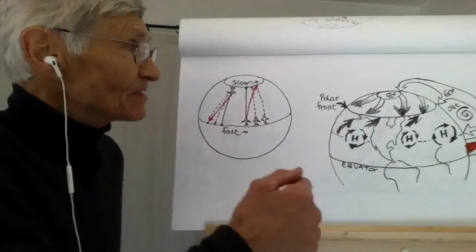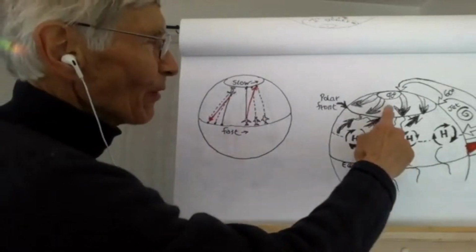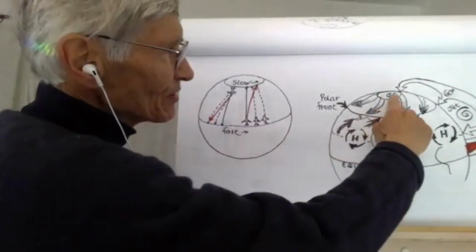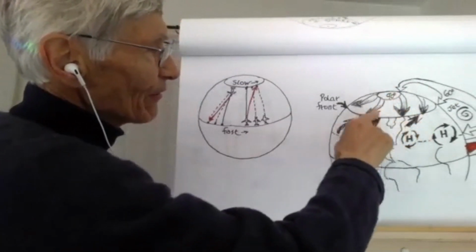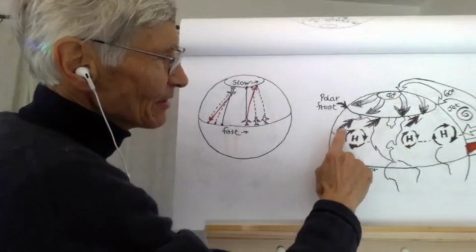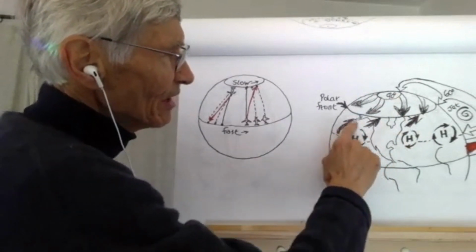When that happens at the North Pole, the air descends and is moving clockwise. But if you look right here, you see the clockwise air coming out of the pole that's cold is meeting the clockwise air that's coming off the ocean that's warm.